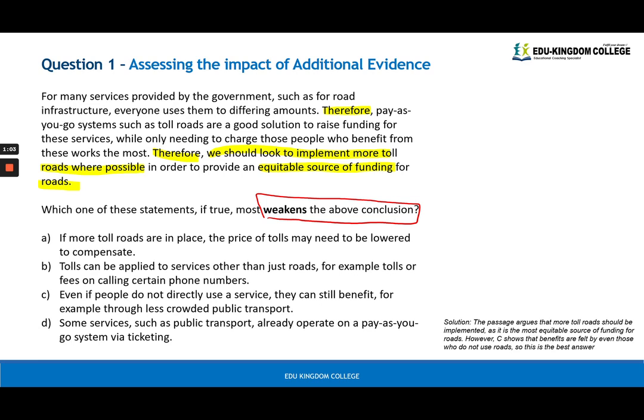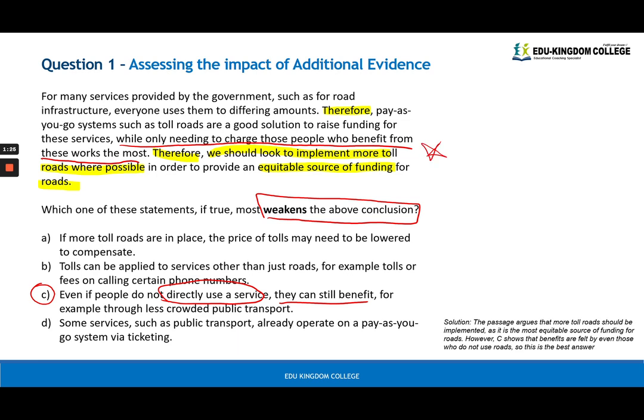What will weaken this argument? C. Even if people do not directly use a service, they can still benefit, for example, through less crowded public transport. So basically, this kind of argues against this point here, while only needing to charge those people who benefit from these works the most.